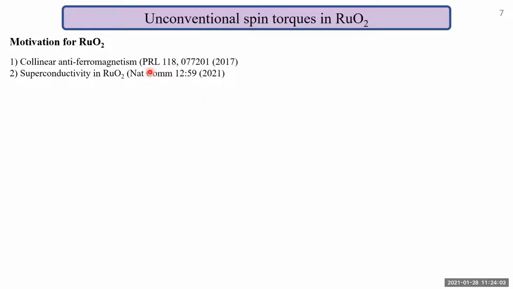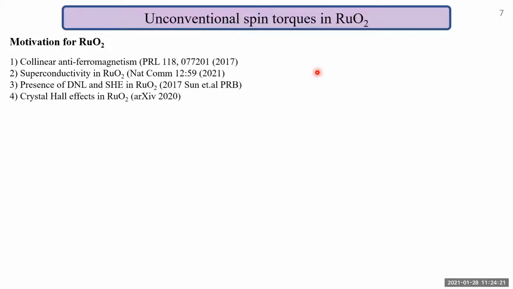The second thing is ruthenium oxide. Recently our collaborators have shown strain-stabilized superconductivity in ruthenium oxide. Third, ruthenium oxide also has Dirac nodal lines. So Dirac nodal lines with antiferromagnetism is also very exciting.